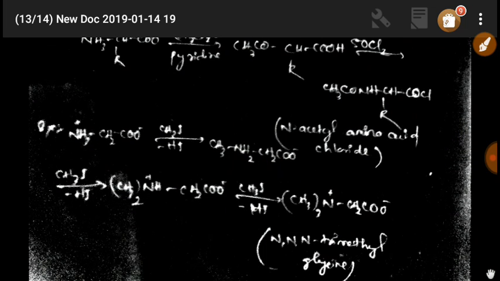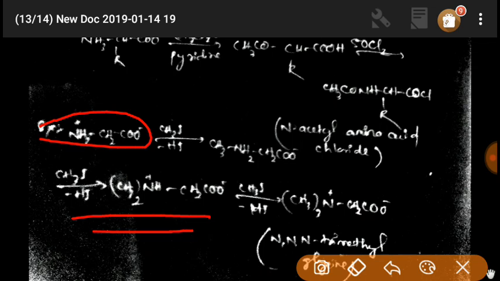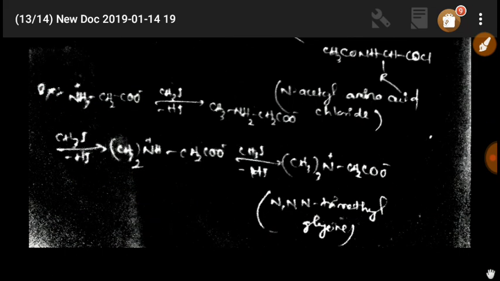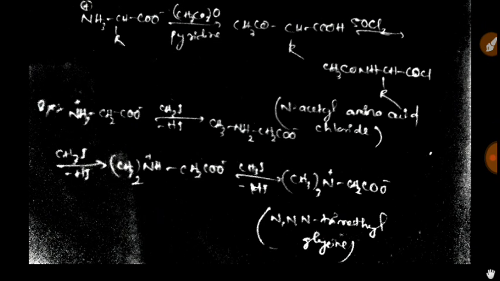Okay, there is also an example: amino acid reacts with methyl iodide to form the corresponding amino acid, and at last N,N,N-trimethyl glycine will form. You can also note it in your notebook.